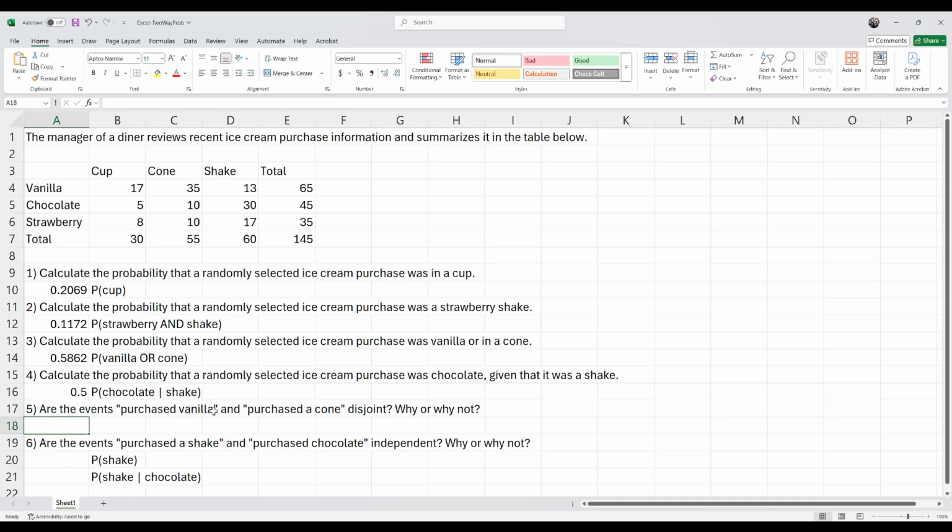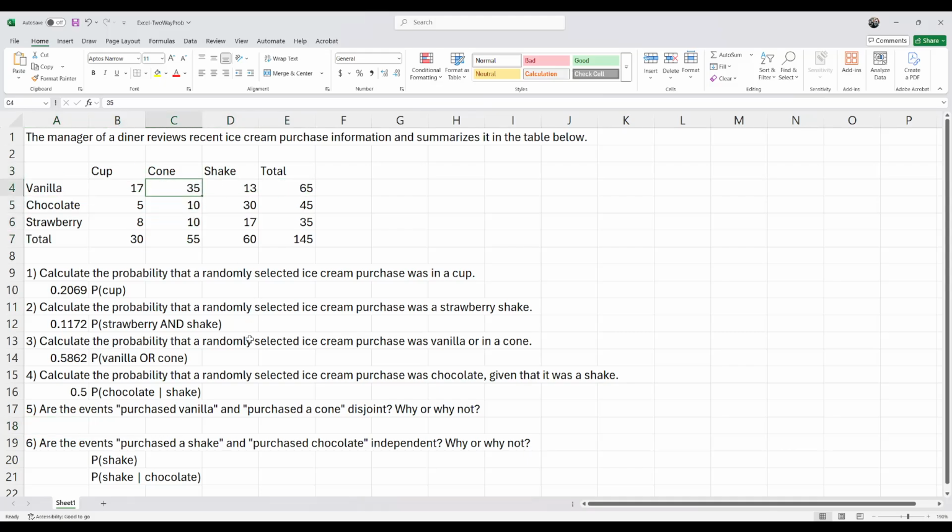Question 5 is asking, are the events purchased vanilla and purchased a cone disjoint, or in other words, mutually exclusive? Remember, that just means, can they happen at the same time? If it's possible that a purchase can be considered both, then we would say that they are not disjoint because they could occur simultaneously. That is the case here. All we need to do is look and see, are there any purchases that were vanilla and cone?